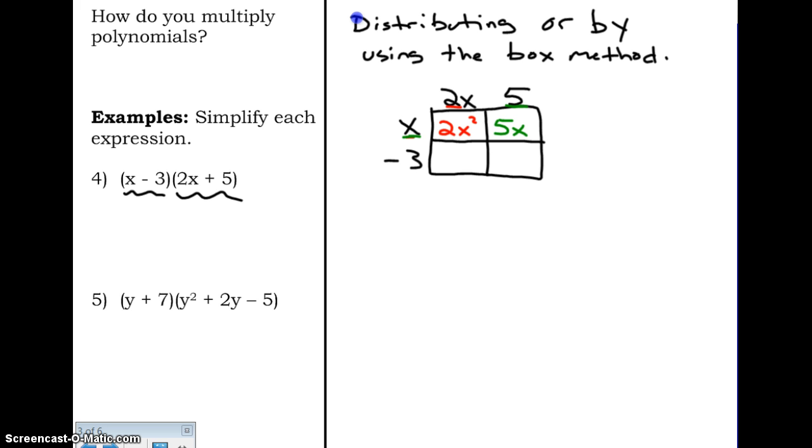Now we're going to use this negative 3, and multiply that to the 2x, and we're going to get minus 6x. Now we're going to take this negative 3 and multiply it to the 5, and you're going to get negative 15. So you filled the box in.